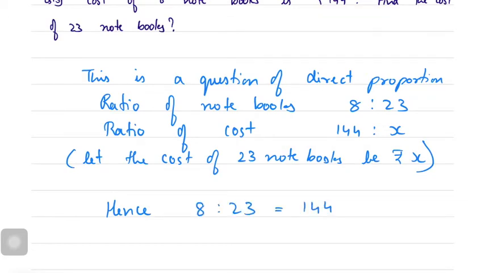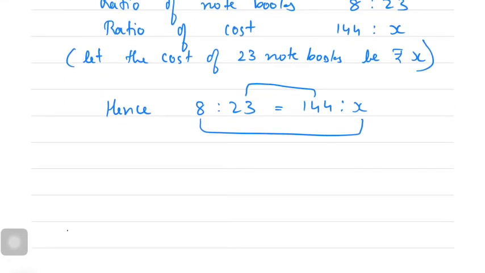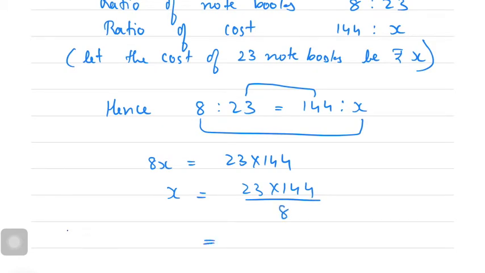8 is to 23 is equal to 144 is to X. So 8X is equal to 23 into 144, right? So X is equal to 23 into 144 divided by 8.